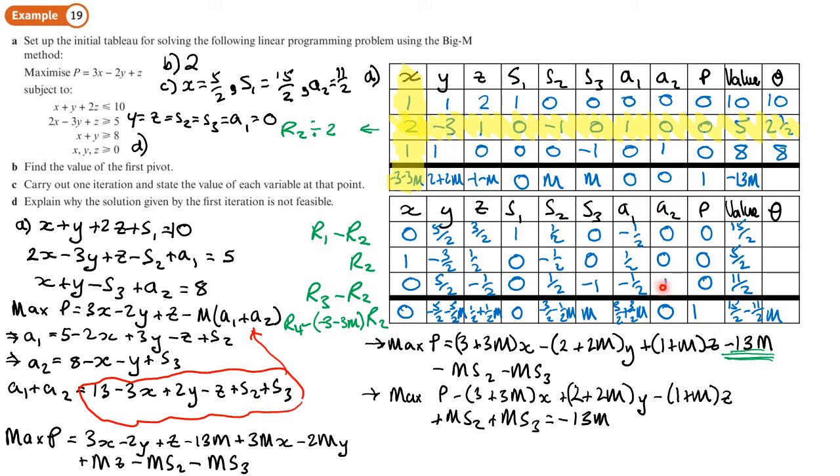Now we've got the value of one artificial variable as 11 over 2. So this is not a feasible solution. So we can say the solution is not feasible since we have an artificial variable a2 not equal to 0.